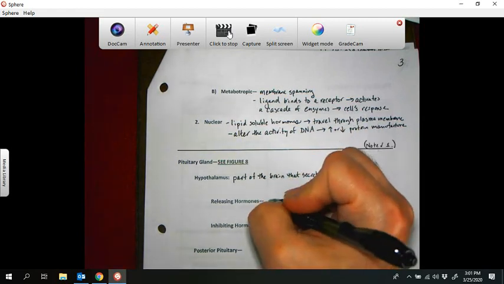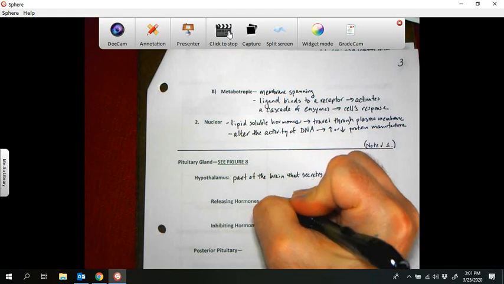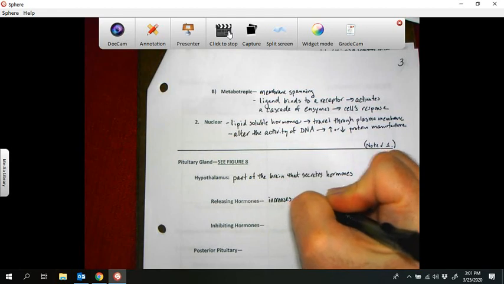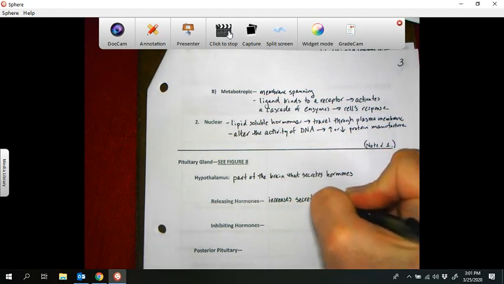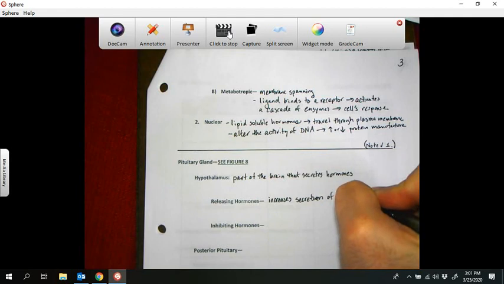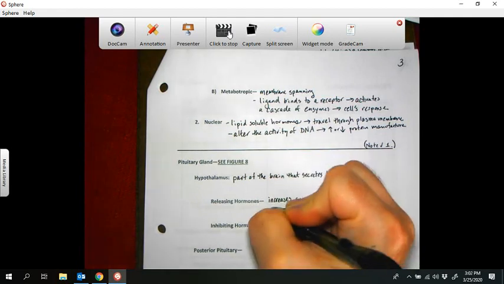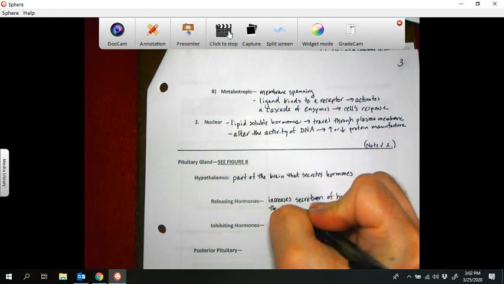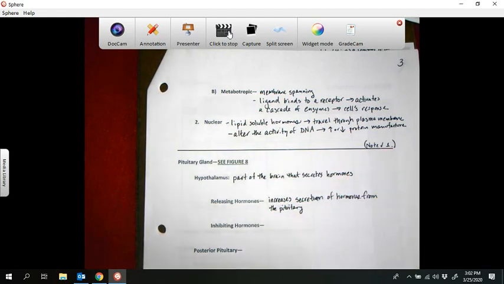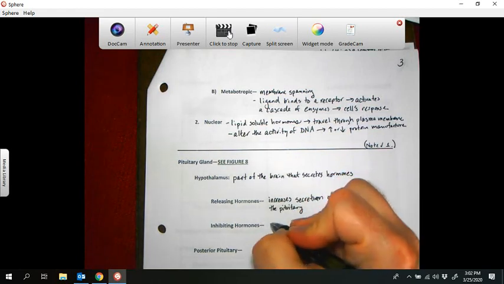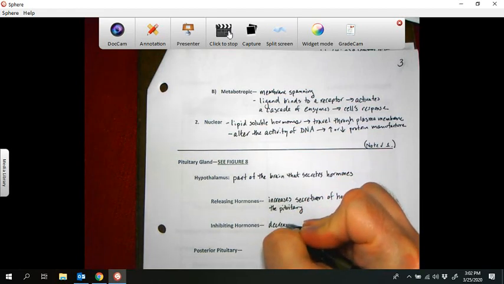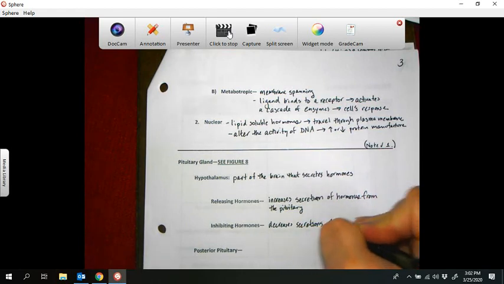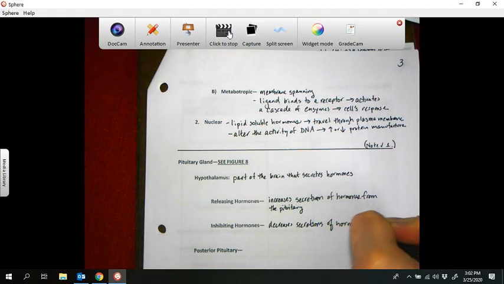Releasing hormones increase secretion of hormones from the pituitary. Inhibiting hormones decrease secretions of hormones from the pituitary.